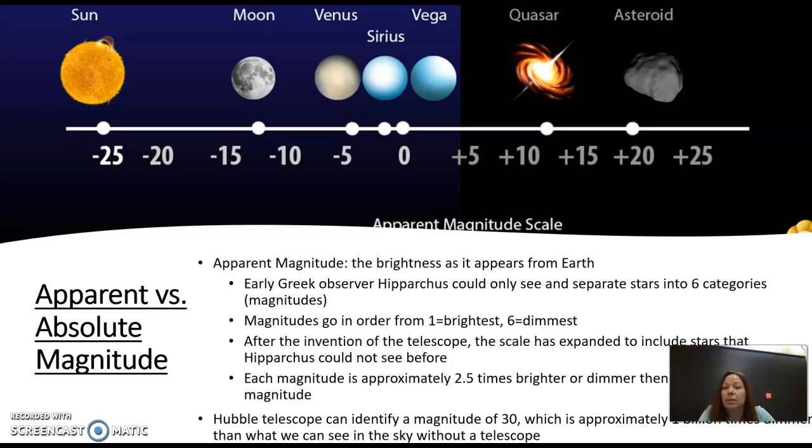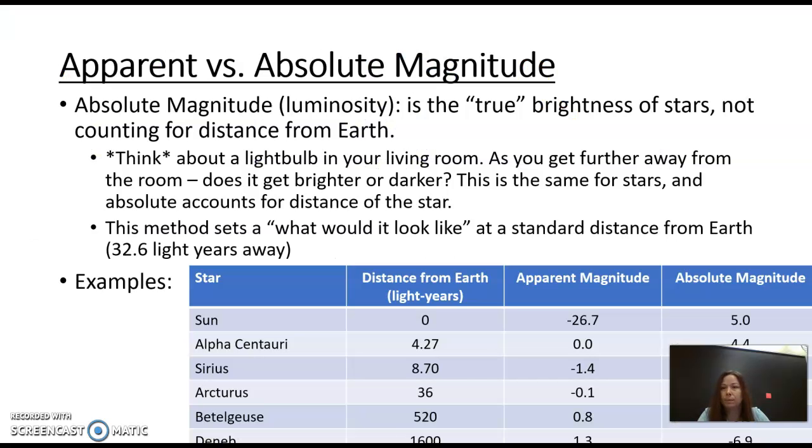The Hubble telescope, which we talked about the other day, can identify a magnitude up to 30, which is approximately 1 billion times dimmer than what we could see in the sky without a telescope. So apparent magnitude is what we see from Earth as far as brightness goes.